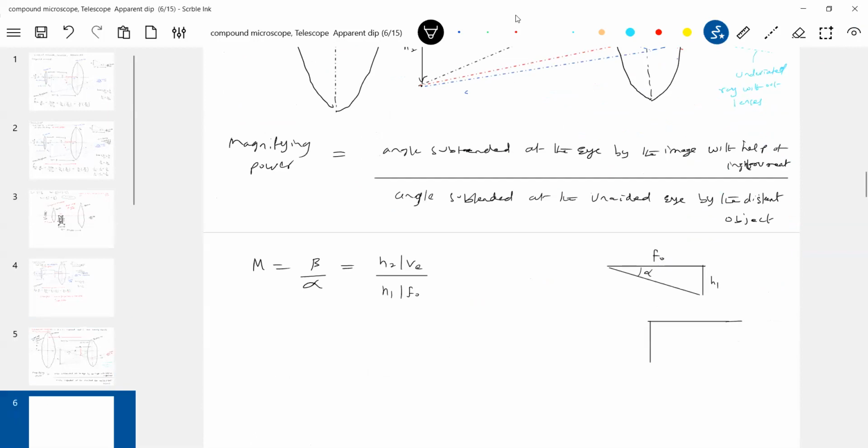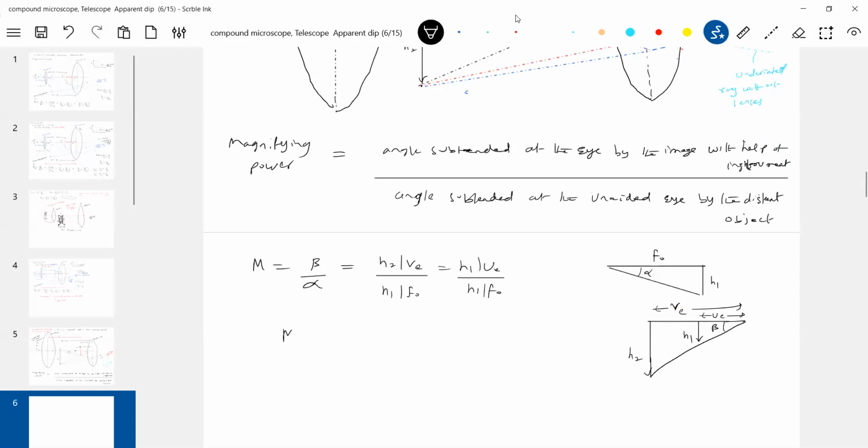Okay, then I'll give some small help. Let's have some small basic diagrams. This is H2, this is H1, this is V naught, this is VE. Now H2 by VE, you can also write as H1 by UE.